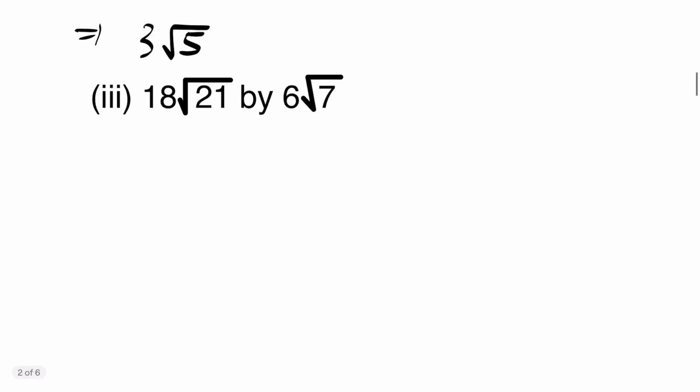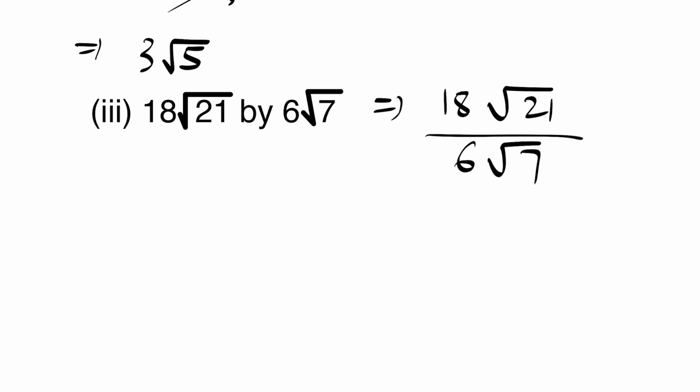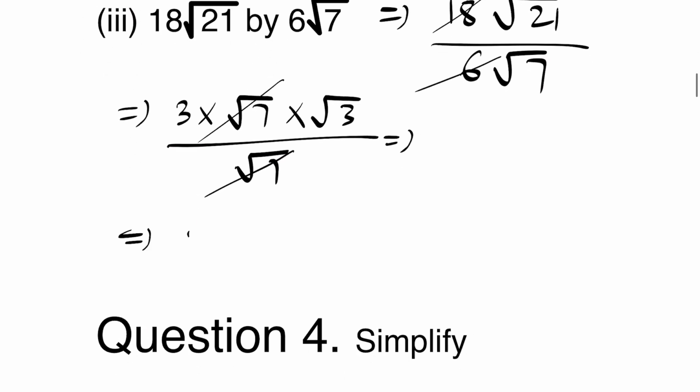Now the third question is 18 root 21 upon 6 root 7. Again 6 3 is 18, and root 21 can be written as root 7 into root 3 upon root 7. Root 7 cancels. This will become 3 root 3 as answer.